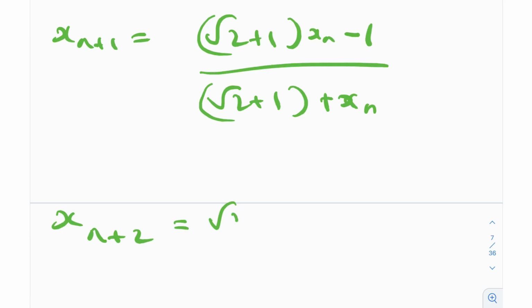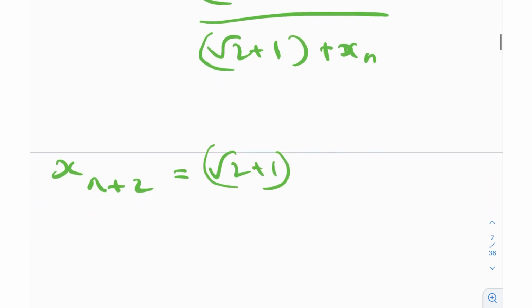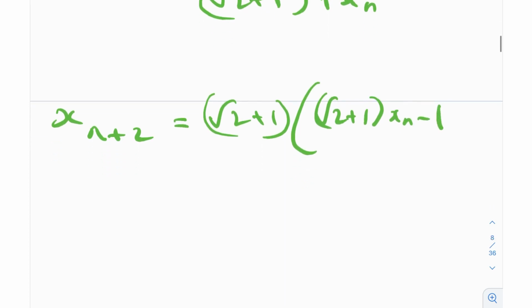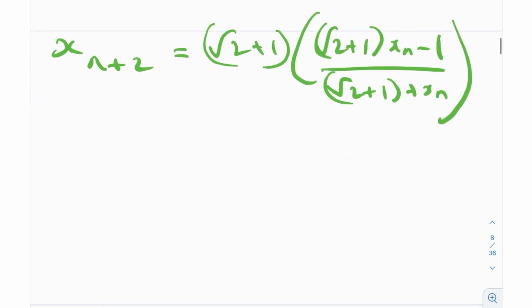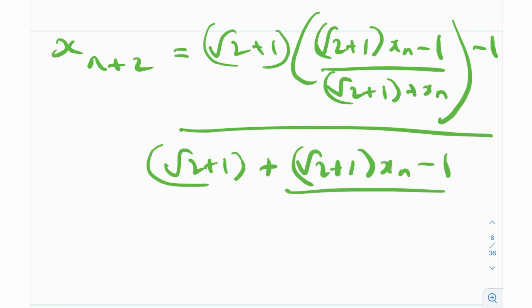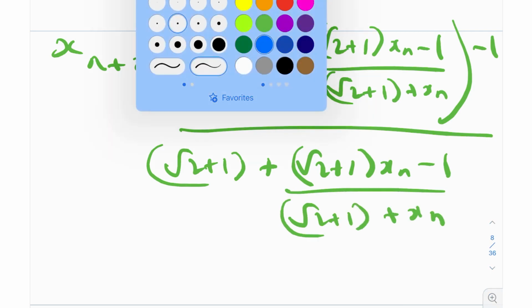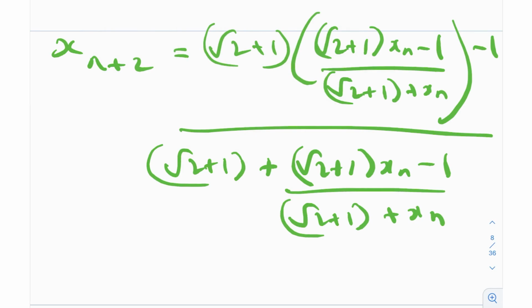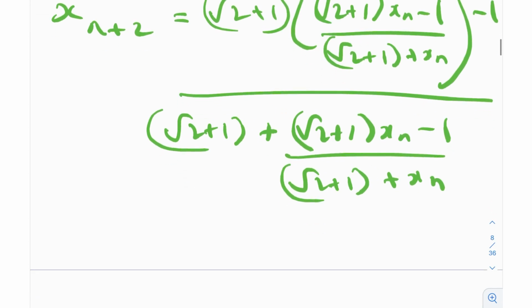So this in fact becomes (root 2 plus 1) times [(root 2 plus 1) times xn minus 1, divided by (root 2 plus 1) plus xn], entire thing minus 1, divided by (root 2 plus 1) plus [(root 2 plus 1) xn minus 1, divided by (root 2 plus 1) plus xn]. Now this may seem very weird and very complicated, but believe me, it just looks complicated because we haven't simplified it.